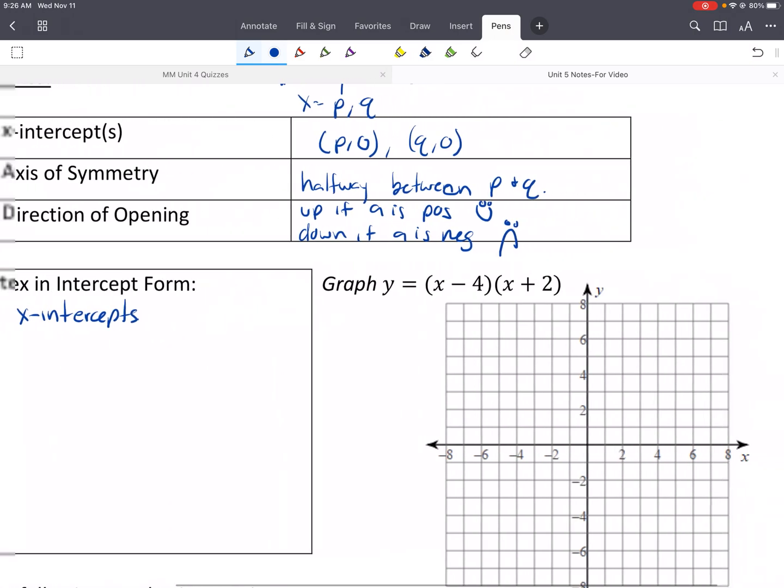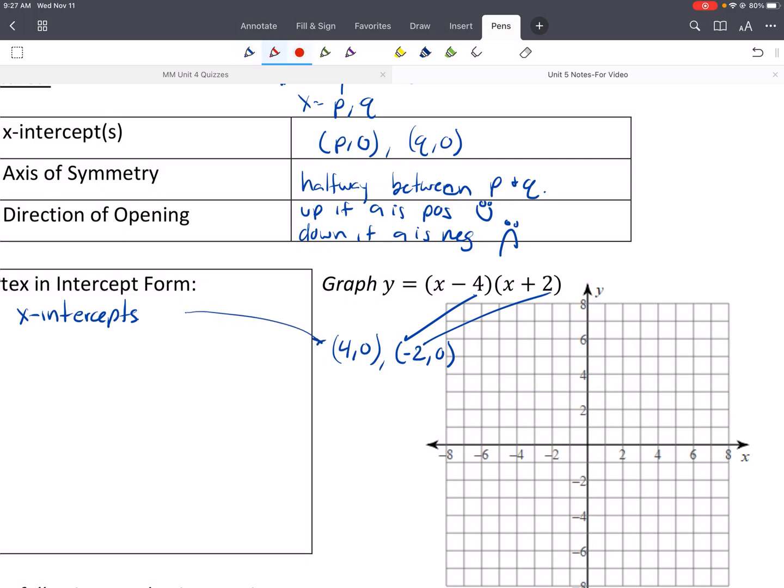For this example, when you take something out, it's going to be the opposite sign, just like we did with vertex form. So our x-intercepts are going to be 4 comma 0, and then negative 2 comma 0. We can plot those. One's right here and the other's right here.